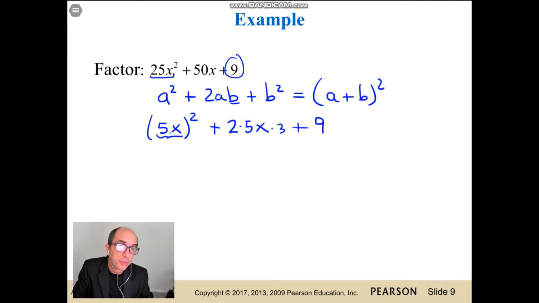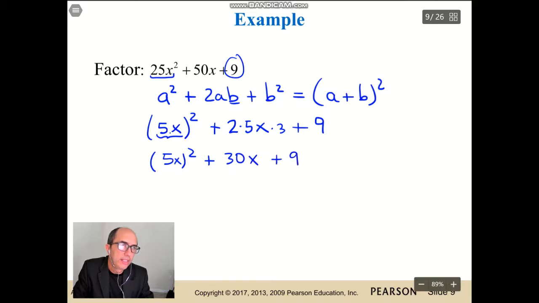But this is going to be a problem, because now the expression is 5x squared plus 2 times 5, 10, times 3, 30x plus 9. It's different from the original one, right?